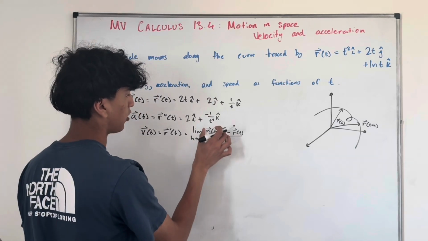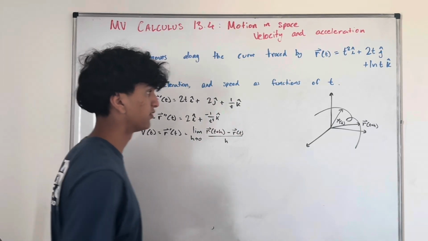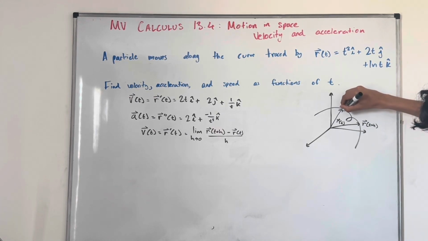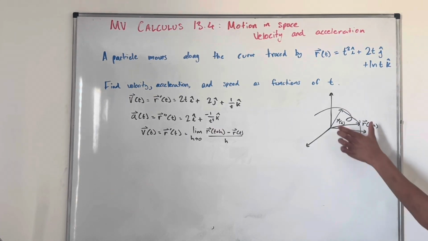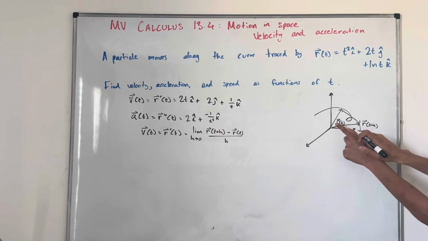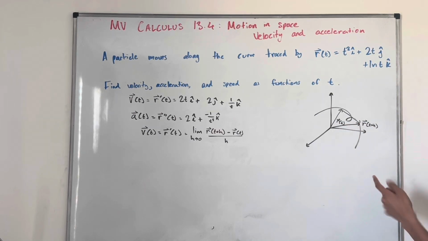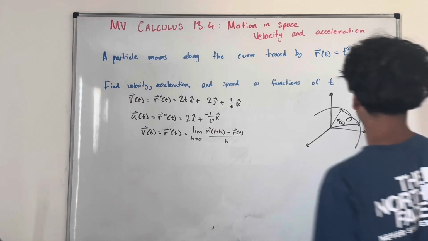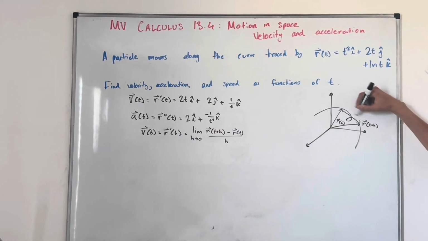If I take r of t plus h minus r of t, that's just vector subtraction. So when I flip r of t, put it here, tip to tail, I get this vector right here. And this is my subtraction vector.